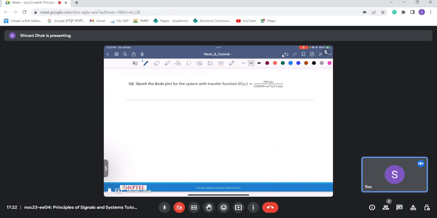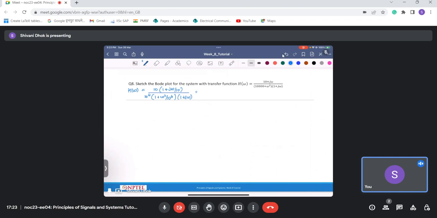So what we have is h of omega is equal to, I can write it in a simpler form, that is I can take this 10 common. So this is 1 plus j omega by 10 whole divided by this 10 power 4 I can take outside, 1 plus omega square by 10 power 4 into 1 plus j omega.